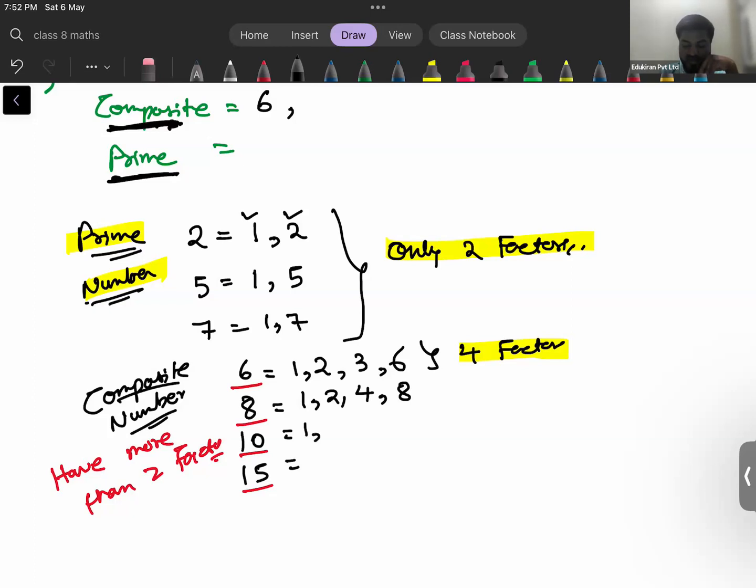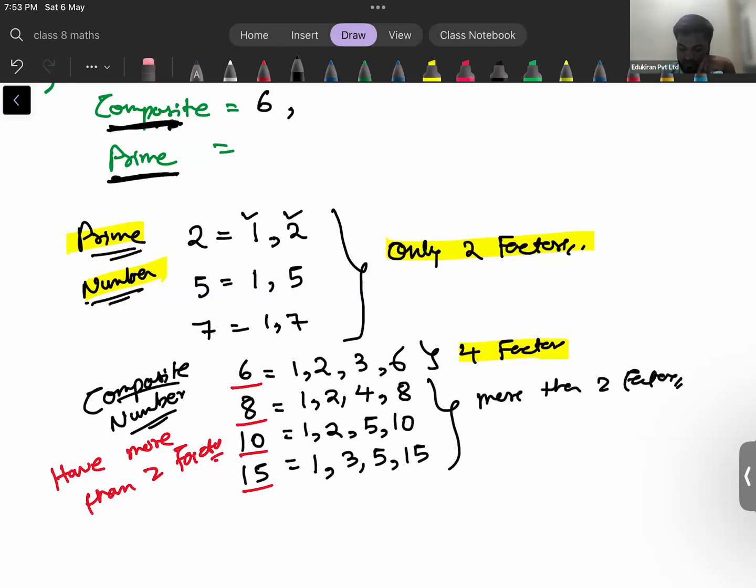Okay, 10 can be divided by 2 as well, and 5 and 10. Similarly, 15 can be divided by 1, 3, 5, and 15. So all of them have got more than 2 factors, right? Yes.